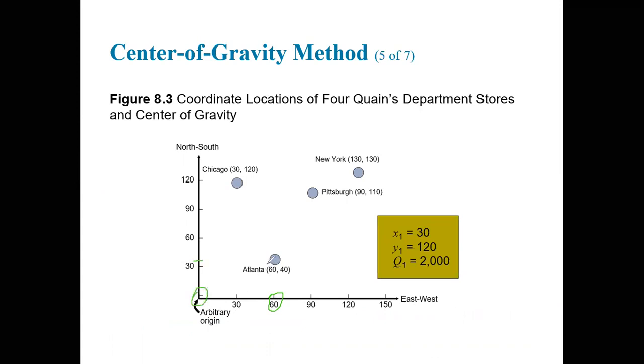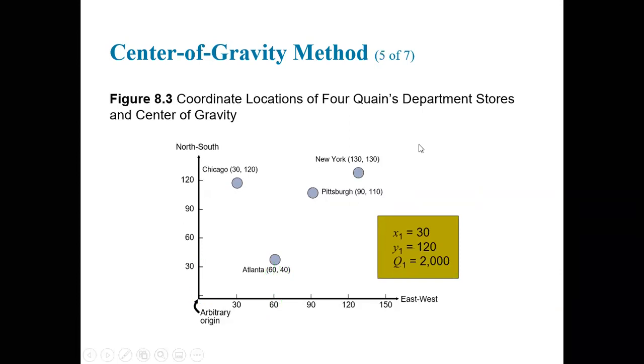Okay, so now we get our x coordinate, which is 60, and a y coordinate, which is 40. And we also need to know the volume that's going to Atlanta. Okay, and the combination of the distance and the volume will give us a calculation for where we should site our distribution center.